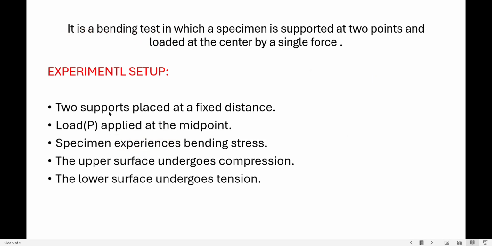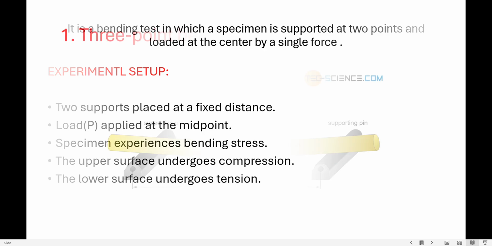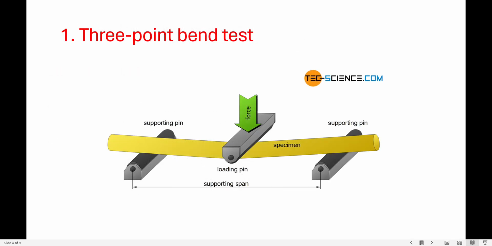When the specimen experiences bending stress, the upper surface undergoes compression and the lower surface undergoes tension. In the middle, under the loading pin, it experiences zero stress. The specimen is loaded under uniaxial bending stress.